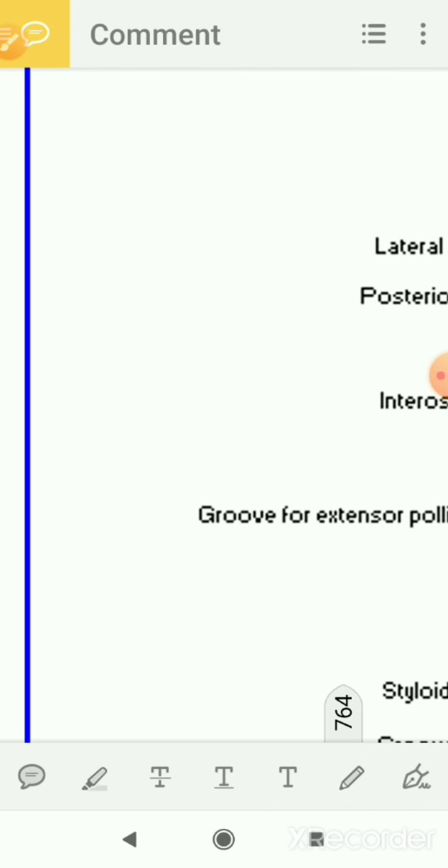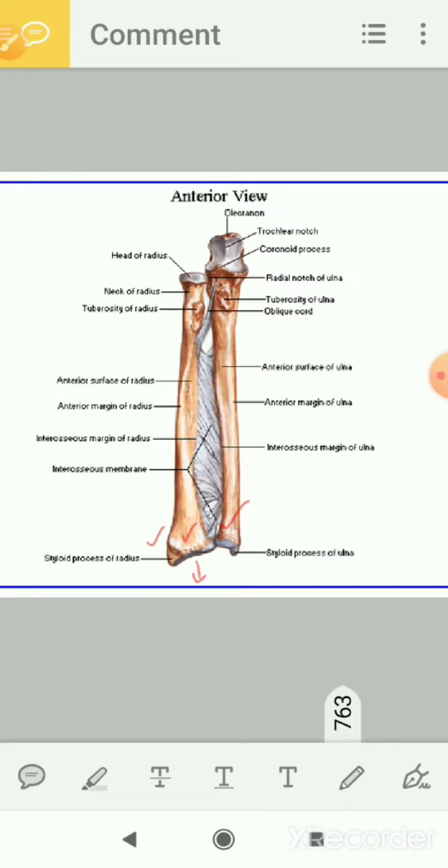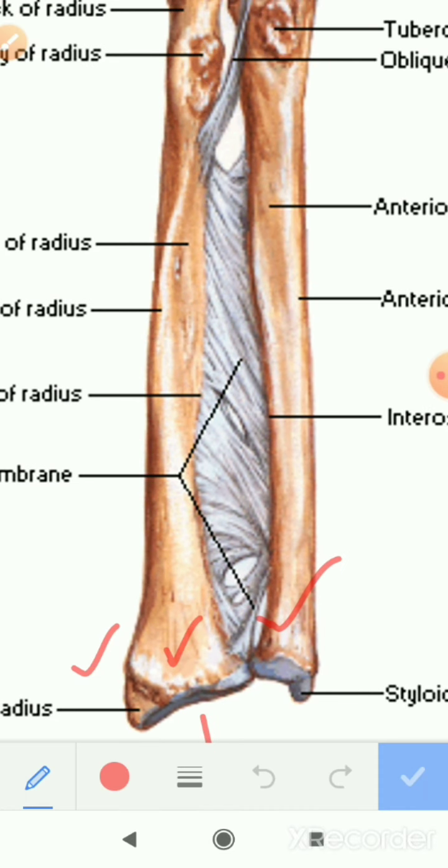And the medial surface has the ulnar notch. This part is the ulnar notch, by which the radius is attached with the ulna and forms the inferior radioulnar joint. The inferior radioulnar joint is another pivot type of synovial joint. And in the middle, look at that, both radius and ulna are covered by this white structure.